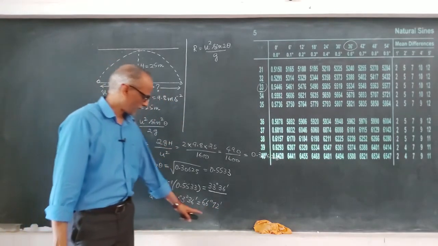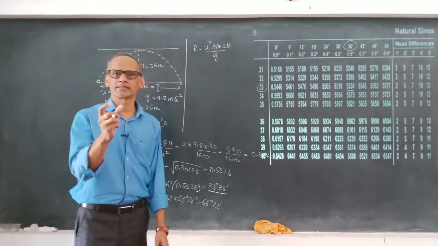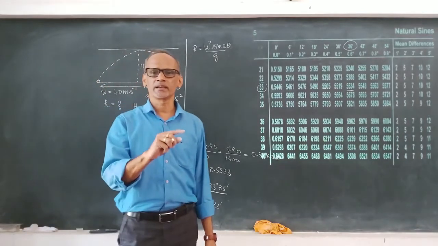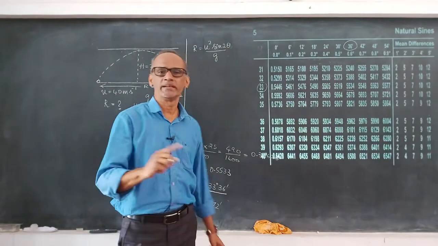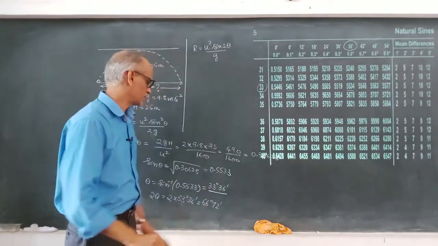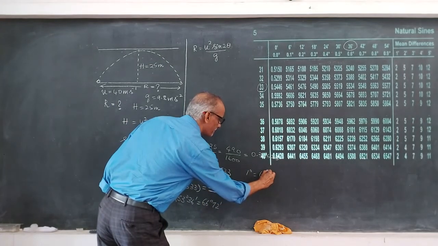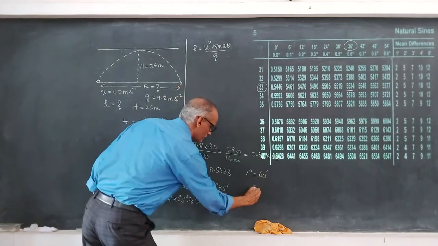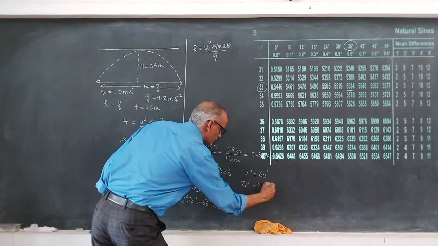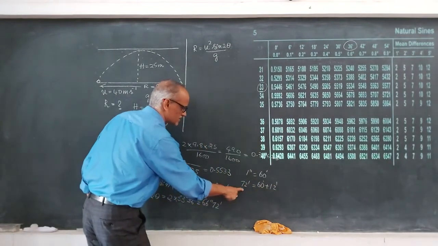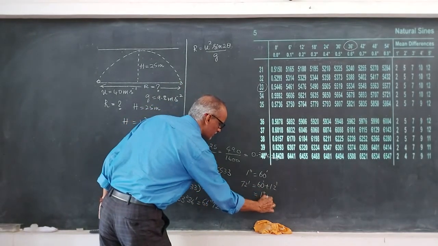But you know, when the minutes exceed 60, we can convert, because 1 degree is equal to 60 minutes. So 72 minutes I can split into 60 plus 12, that is 60 minutes plus 12 minutes. 60 minutes is nothing but 1 degree plus 12 minutes.